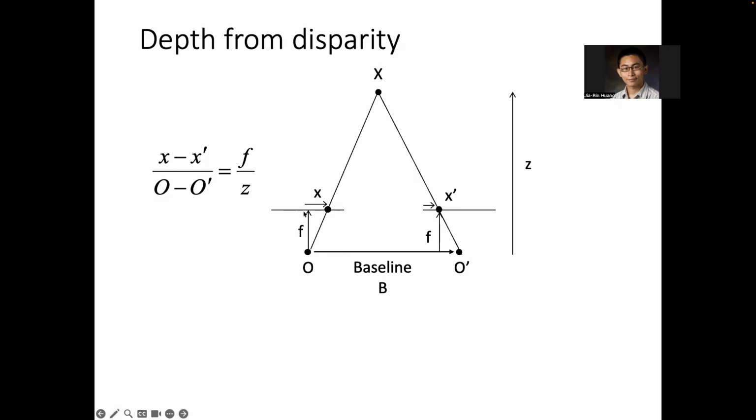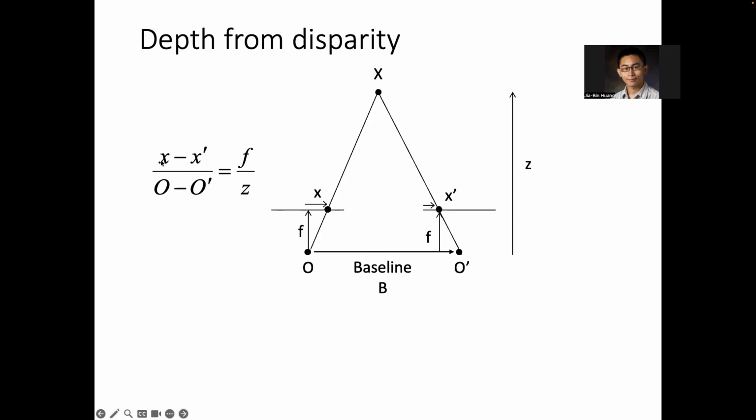So where is that triangle? Is this the ratio between f and z? Ideally, it should start with the disparity, that is the projection position between the left camera and the right camera.